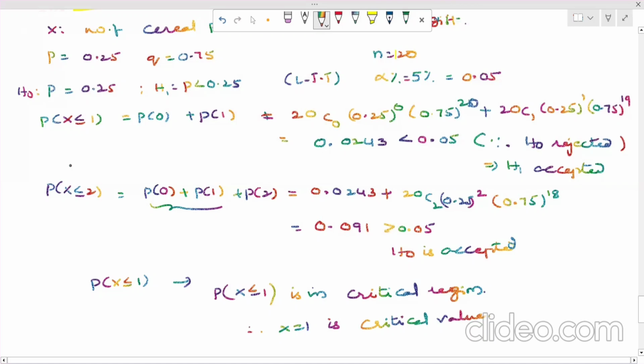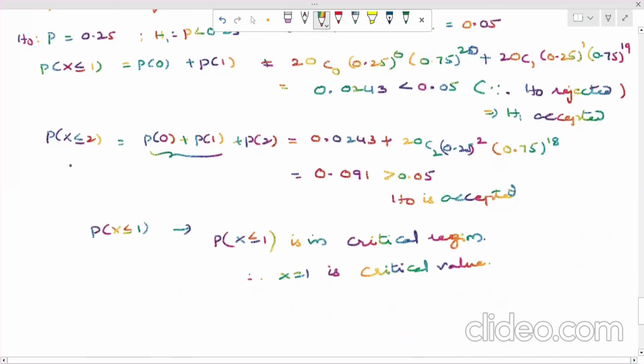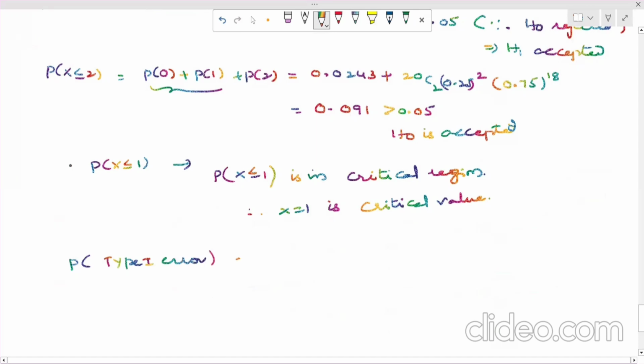Now see here, what is the next question? Hence find the probability of type 1 error. Actually, what is type 1 error? Let me write that. Type 1 error is when H naught is true but gets rejected, meaning where you are getting the rejection area.